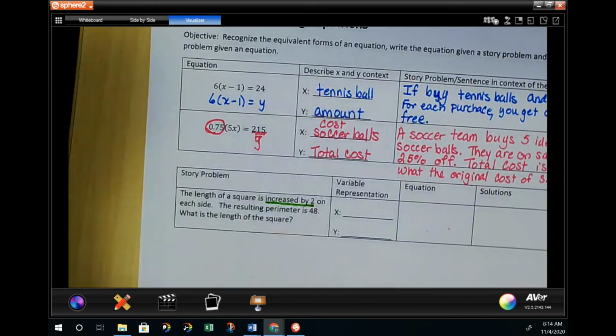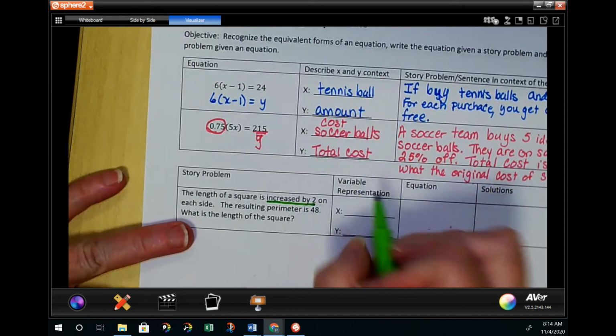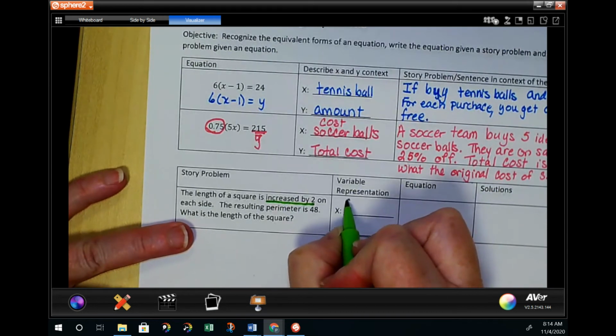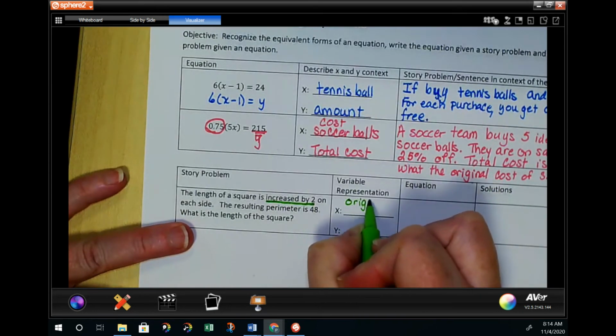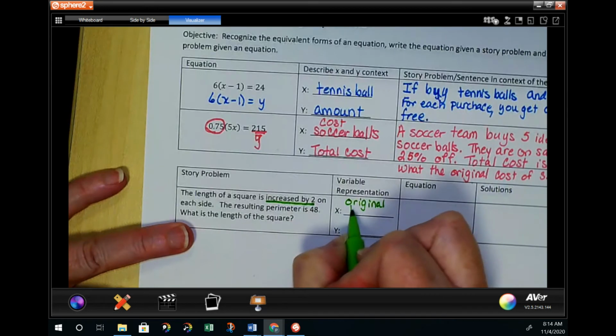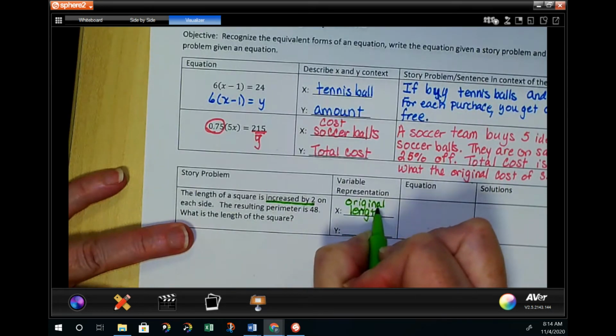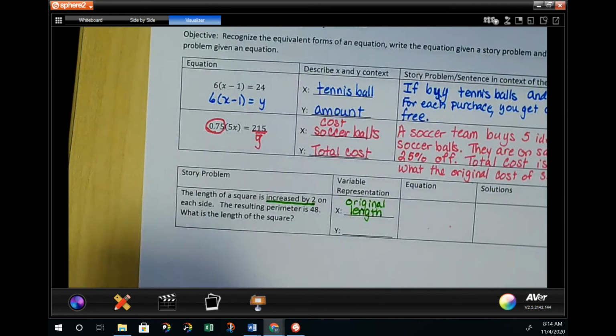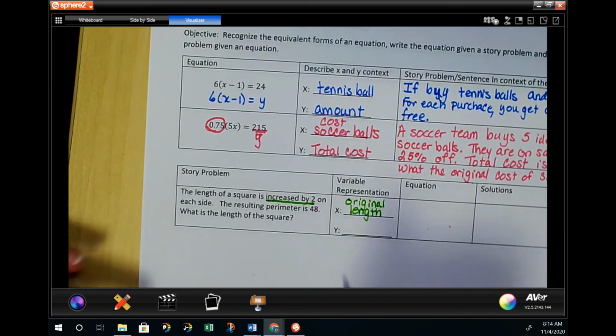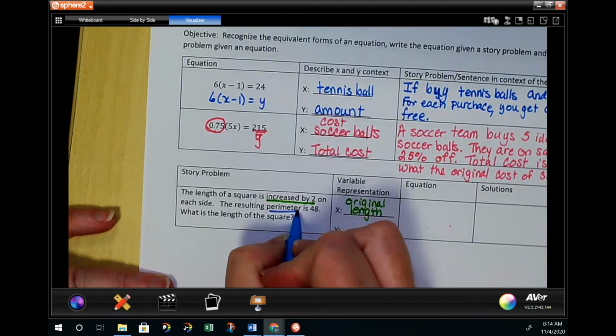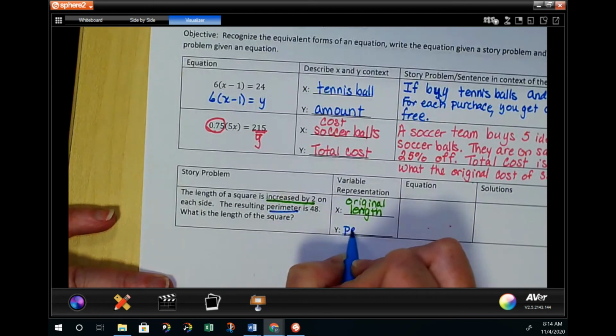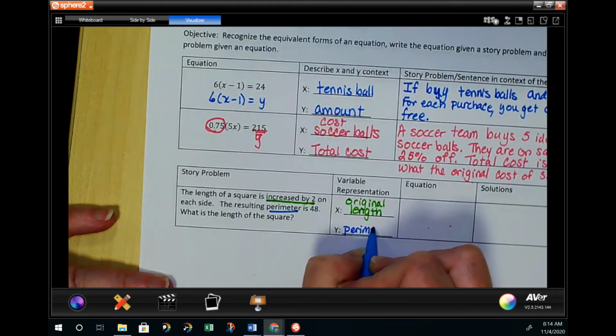In this one, x is going to represent the original length, and then y is going to be your perimeter. Now when I write my equation, I've got 48 because that's my perimeter.